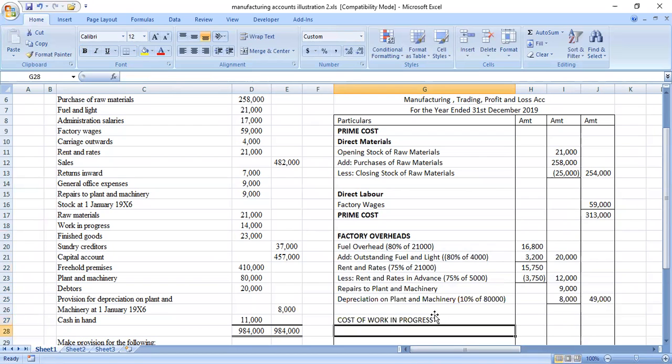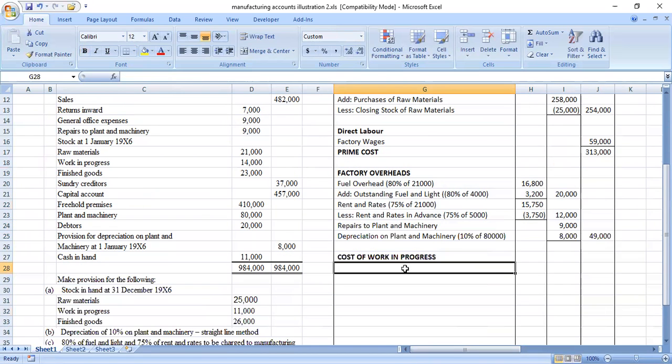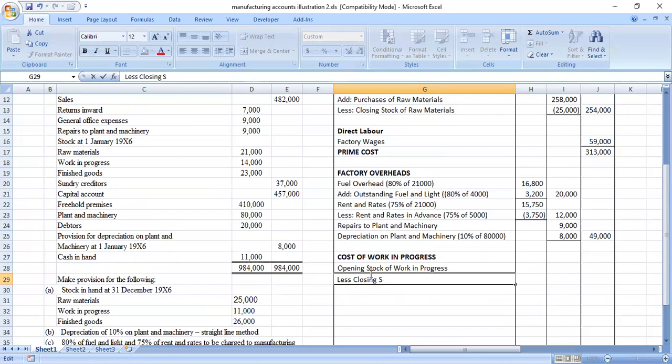And the cost of work in progress is equal to the opening stock of work in progress, less the closing stock of work in progress.